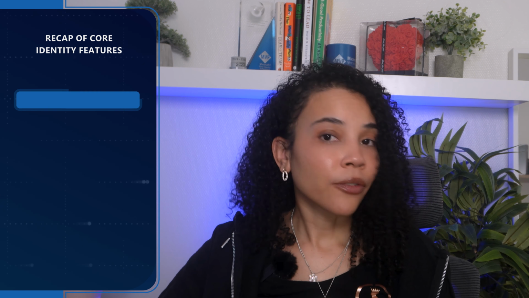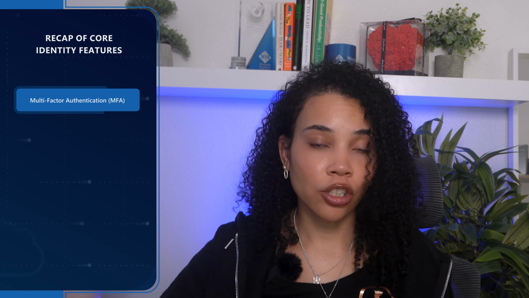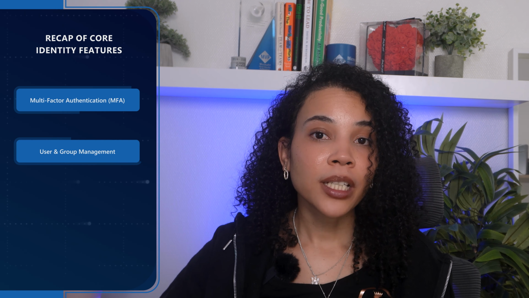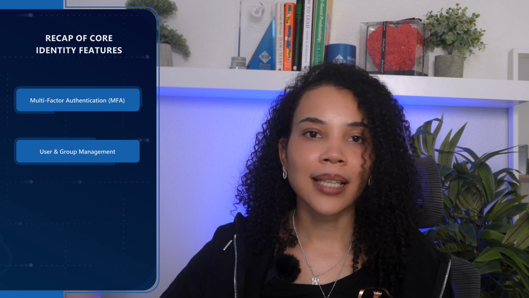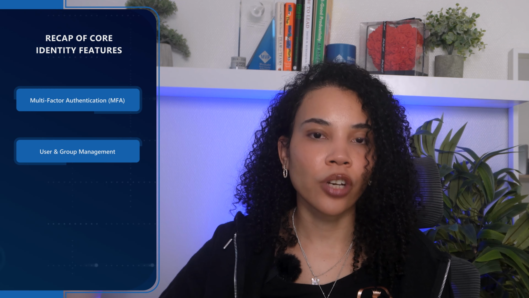Let's start with what every Entra ID E3 tenant already has in their toolkit. This is multi-factor authentication, your first line of defense against stolen credentials. User and group management, so organizing roles, assigning permissions, and simplifying your day-to-day administration.